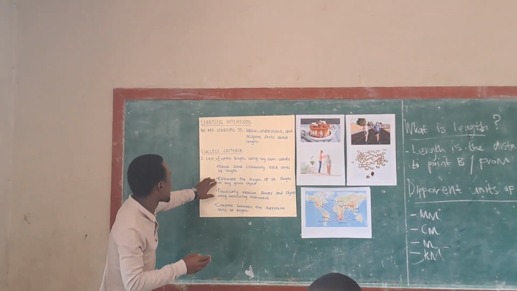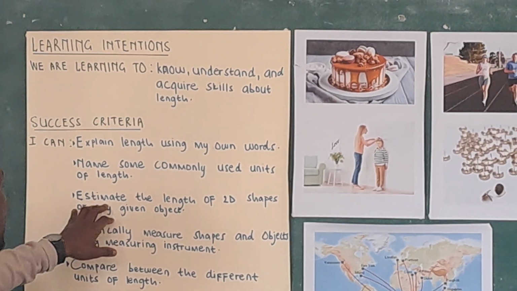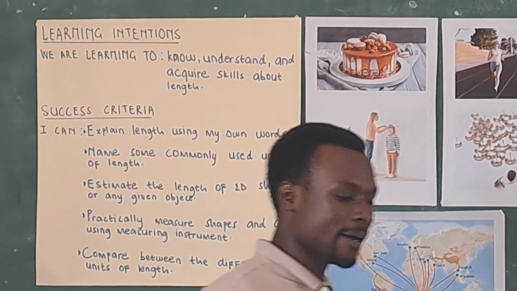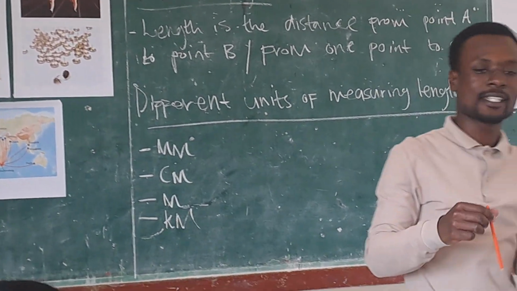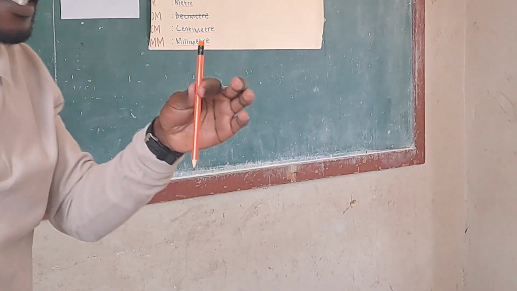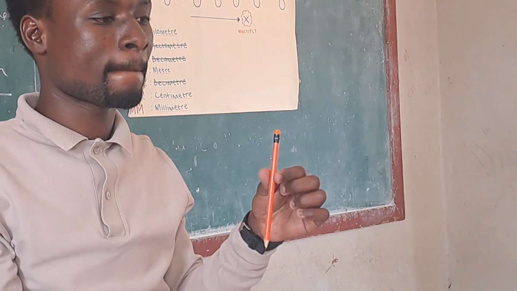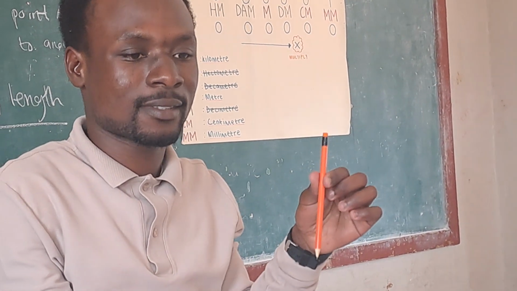So our third success criteria is that we have to estimate the length of things on any given object. I have this pencil here with me. Who can tell me how long this pencil is? First of all, which unit is suitable for measuring this pencil?